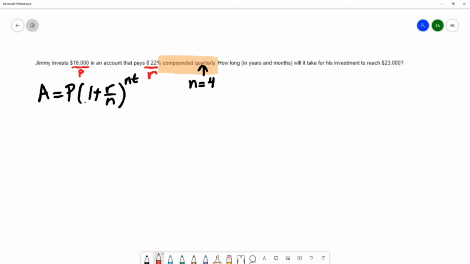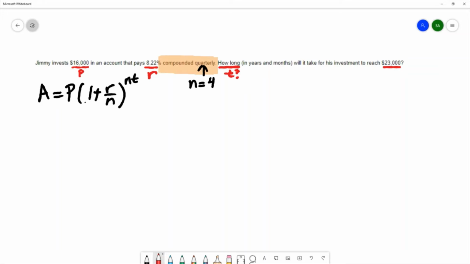Right here, the way the question is phrased, it says how long, and that refers to time, and that is our unknown in this question that we'll want to solve for. And how long will it take for our investment to reach $23,000?